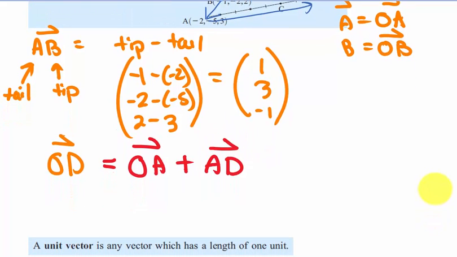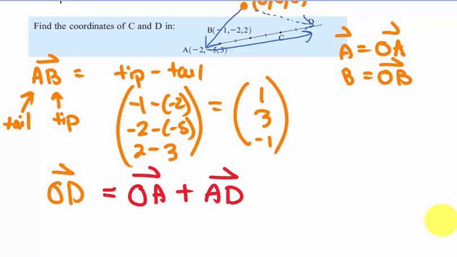So what is origin A? Origin A is just our A value. So I'm going to put the coordinate A, so -2, but I'm going to write it as a vector, -5 and 3. Now what is AD?